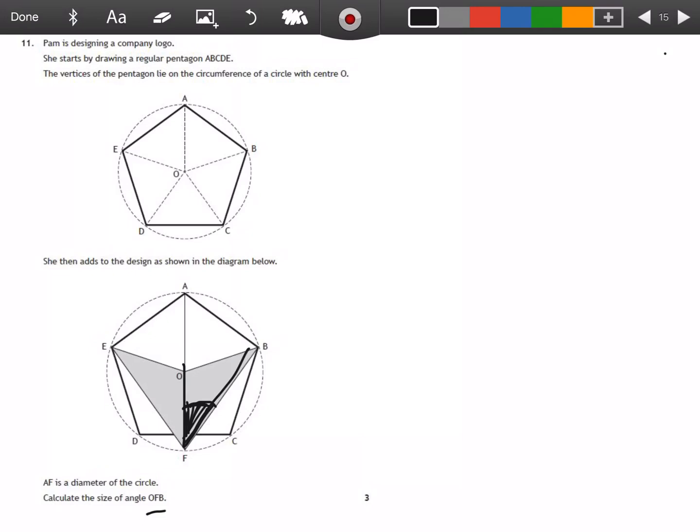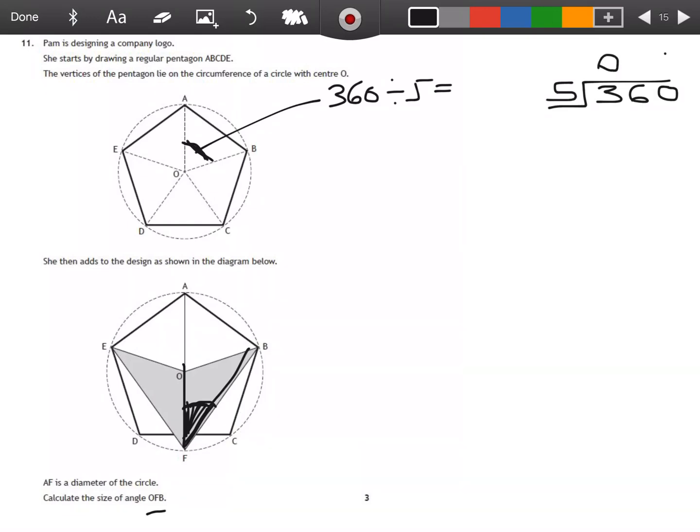Right, so first of all, let's have a wee look at the diagram at the top. In fact, there are 5 angles in the very centre, and they're all the same. 360 divided by 5. It's a non-calculator paper.